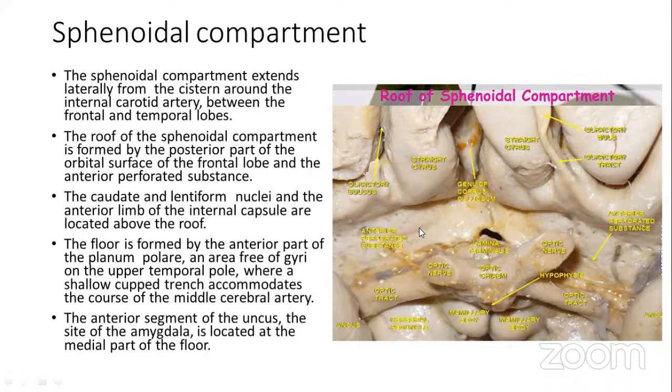Posterior to this, we have the collection of gray matter that is termed the anterior perforated substance that can be seen on either side, and in the midline, we have this lamina terminalis that is lying anterior to the optic chiasm. On both sides, we can see the optic nerves.